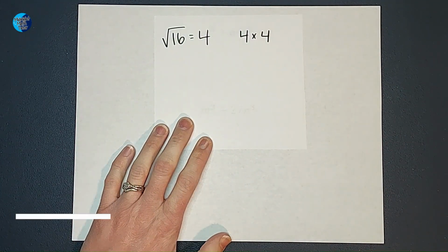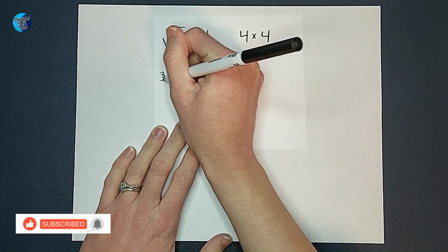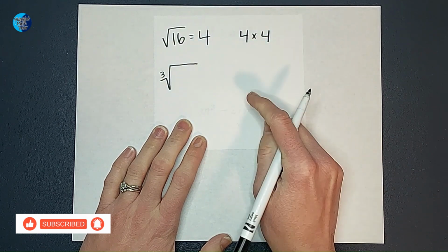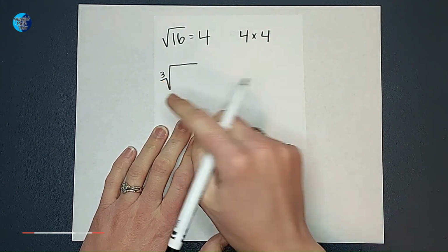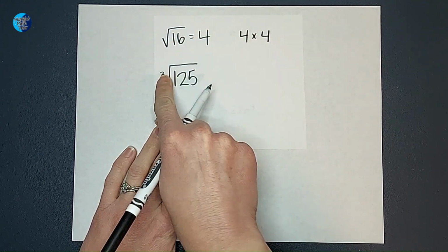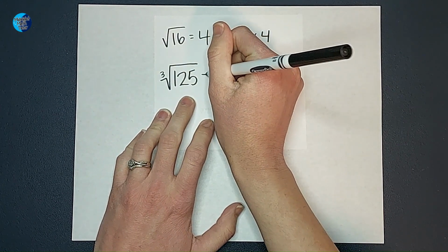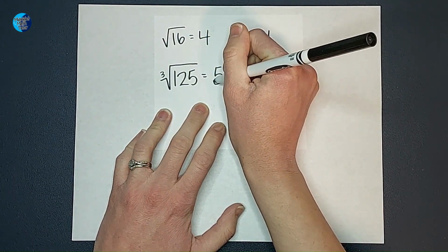Now, cube root is really the same thing. We are just asking, you probably guessed it, what number multiplied by itself 3 times will give me the number that's over here? We put a little 3 to signify that. So for example, the cube root of 125 would be 5.